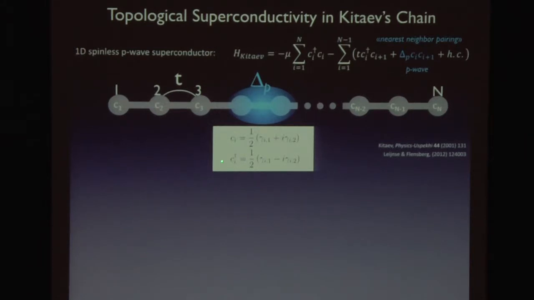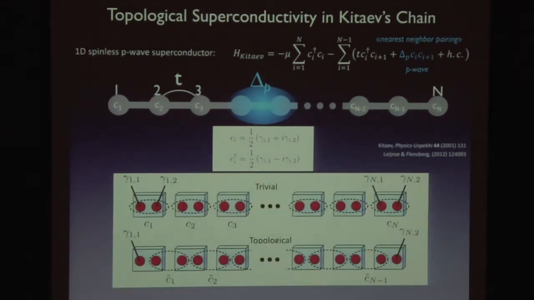So here we have electrons. We can write them as if they were made out of two Majoranas. You can think of a Majorana as half a particle and half a hole. And if you make this transformation on this Hamiltonian, what Kitaev showed, surprisingly, is that this Hamiltonian has two kinds of superconductors in it.